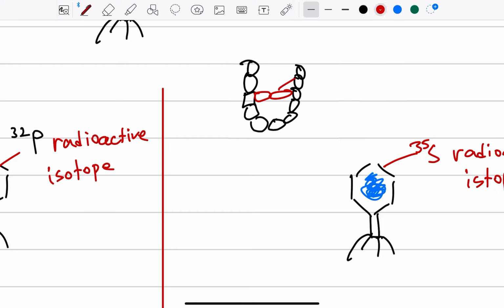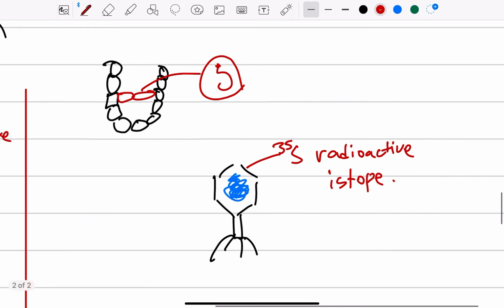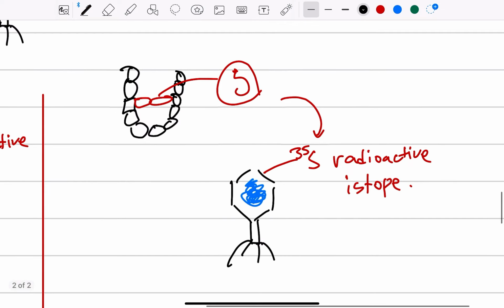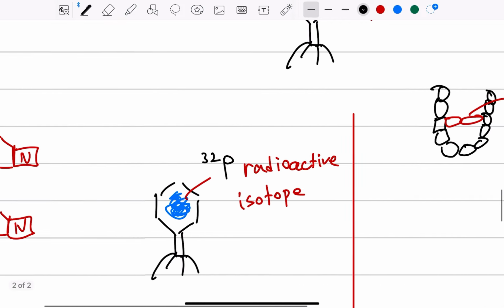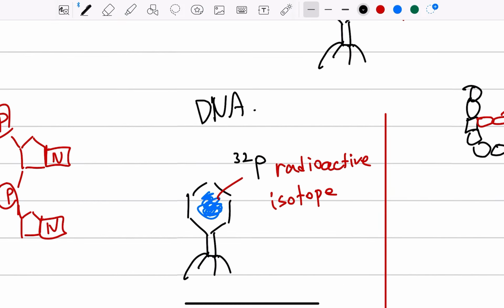Therefore, we can say that in protein there is sulfur. Knowing this, Hershey and Chase used sulfur 35, which is radioactive, so that they can track the radioactivity to see where this sulfur is. So basically where the protein is, not DNA.